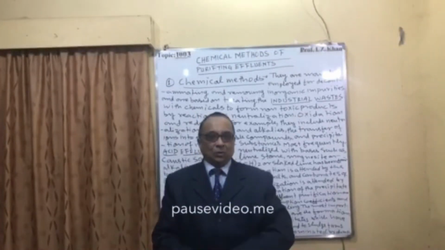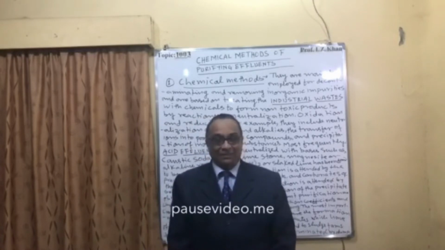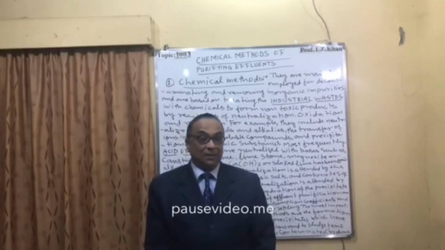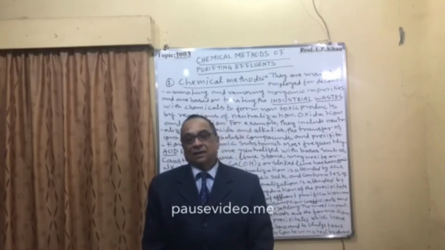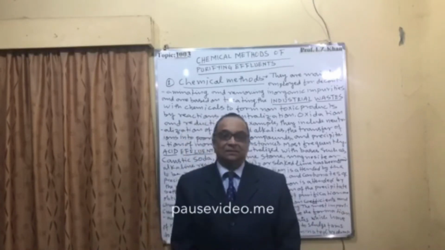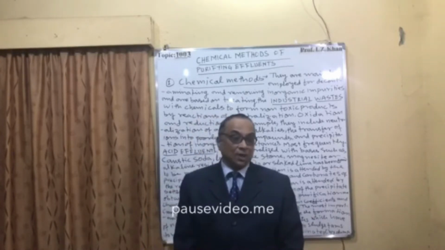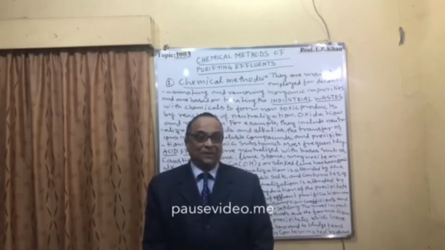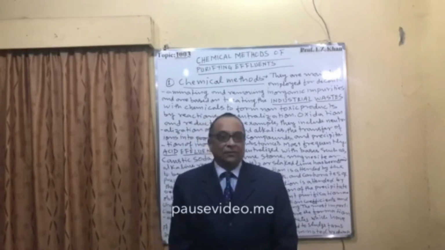As I have already told you, chemical methods involve chemical reactions, and that chemical reaction may be neutralization, oxidation, or reduction, and during that process some non-toxic, less toxic salts and precipitates are produced, and they are finally filtered off or removed.